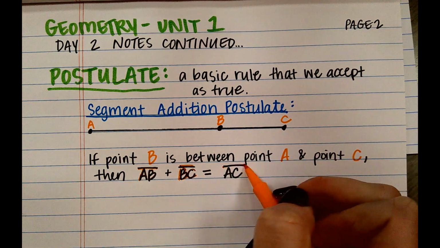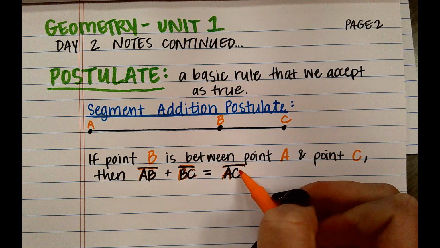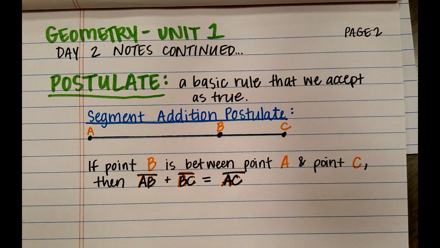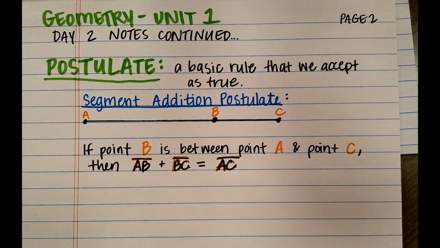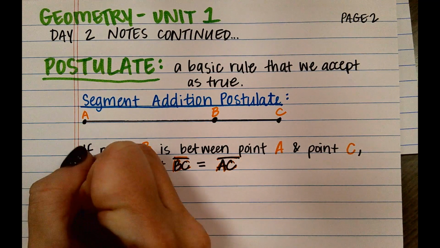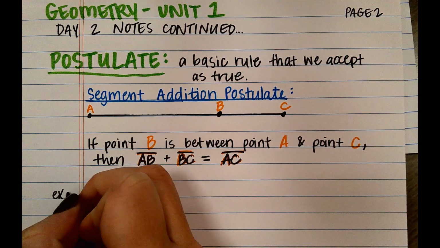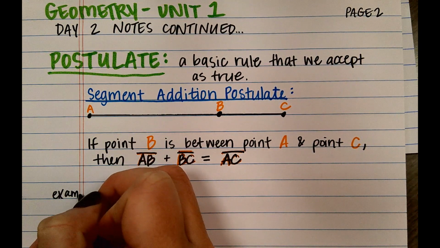So basically, if there is a point that is in the middle of 2 points, if there's 3 points, the first 2 points plus the second 2 points equal the first to the last. You know, 2 parts make the whole. This is a very wordy way of putting it. I think it makes more sense to see it visually, but that's just me. I'm a pretty visual person. And I'm going to give you an example, because I think examples help demonstrate this best.